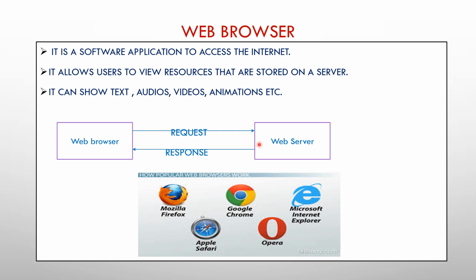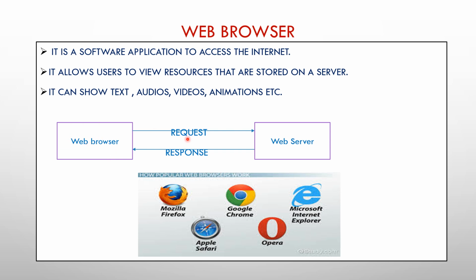If you have written yahoo.com in your web browser, it will send the request to which server? The Yahoo server. The Yahoo server will see the request and send you back the response in the form of web pages of the Yahoo site. Fine. And as a user, you will be able to see the Yahoo website on your system.